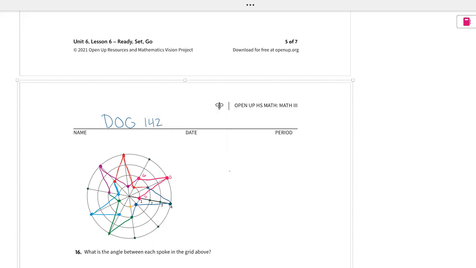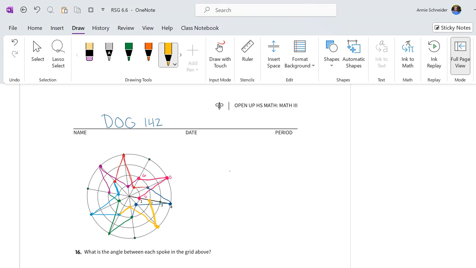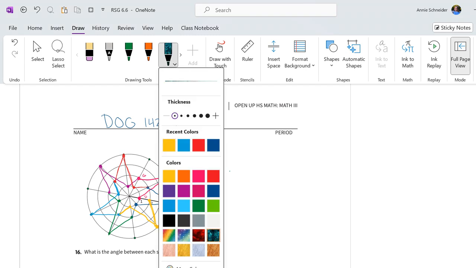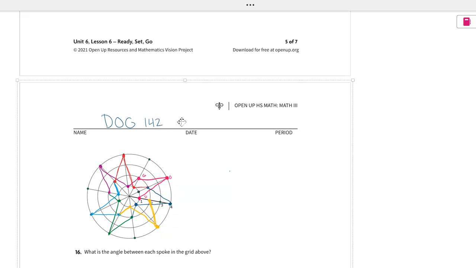So 1, 4, and then 2. So we still haven't met up. So a 3-letter word is actually taking us quite a while to meet up. That's okay. Let's go with this fun one. So 1 to 4, 1, 4 to 2 right here. 1, 4, 2.